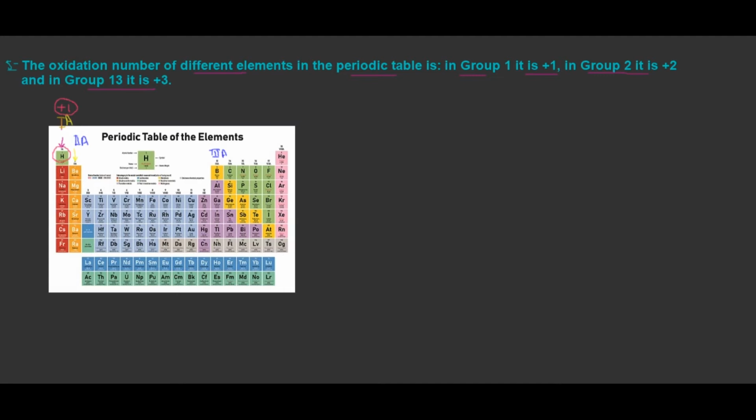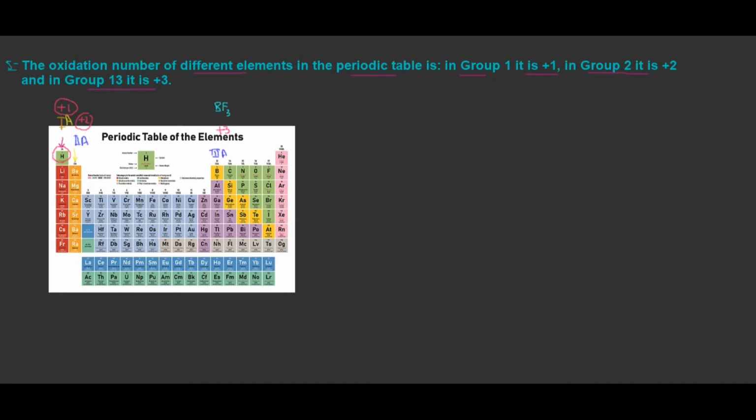And similarly group 2 elements have positive 2 charge, and similarly for group 3A they have positive 3 charge. In case of group 3 elements, we can take an example of BF3, boron trifluoride.